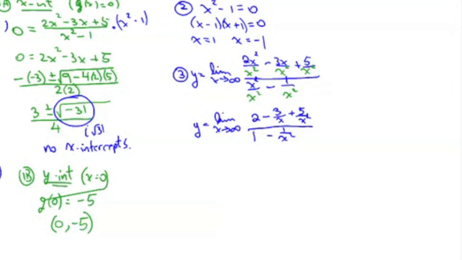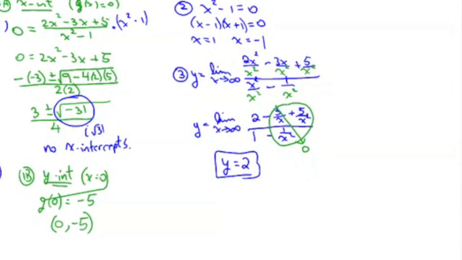Now, anybody with an x in the denominator, they become really, really close to 0. They become insignificant. So these three, since they have x's in their denominators, they all go to 0. So what's left over? 2 over 1, better known as plain old 2. So your horizontal asymptote is y equals 2.